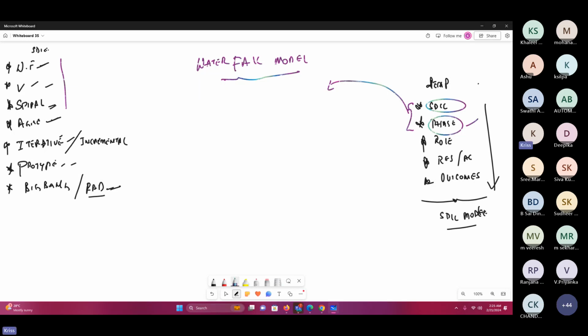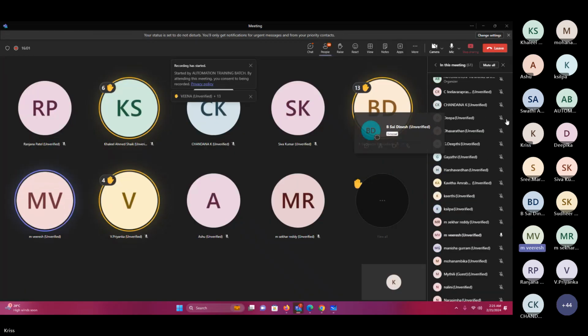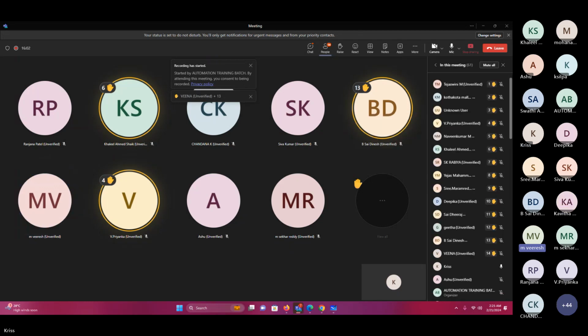So you can specifically say how the waterfall model works, or what the advantages of this are, or what the disadvantages of this are. Like in waterfall model, requirement changes will not be allowed in.